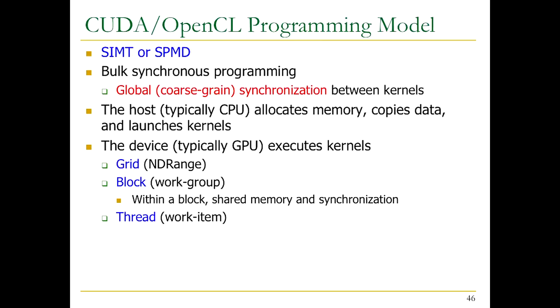So, as I said before, we are going to organize our kernel into a grid of blocks of threads. What you have here in parentheses is the name for the same thing in the OpenCL programming model. It's NDRange, work group, and work item.